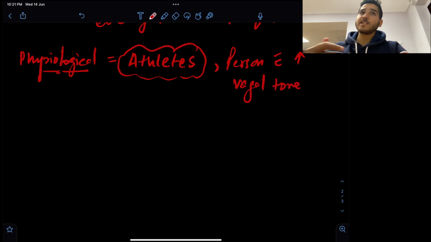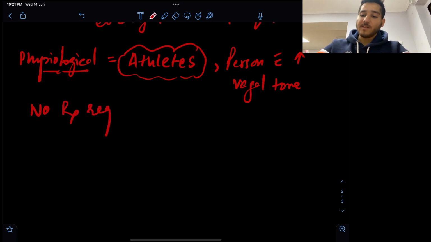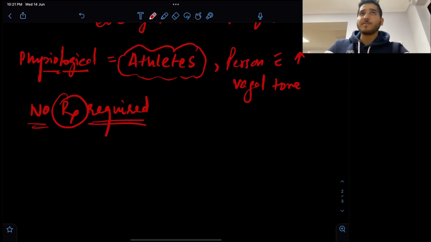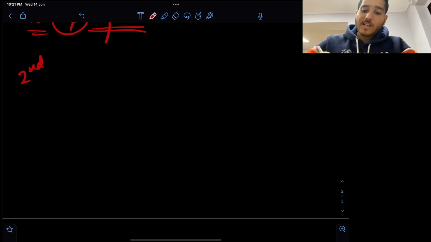If there is increased vagal tone, there will be PR prolongation, and usually no treatment is required, right? Why don't we need any treatment? Because these patients are usually asymptomatic, and some persons are not even patients, they are absolutely fine athletes, and whenever we do an ECG in them, we might find first degree AV block.